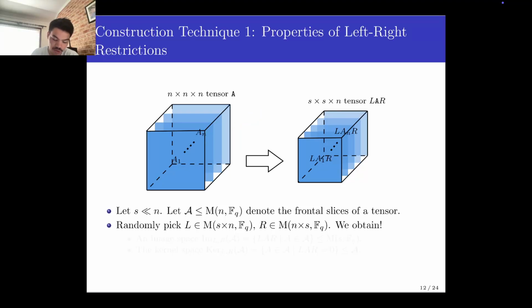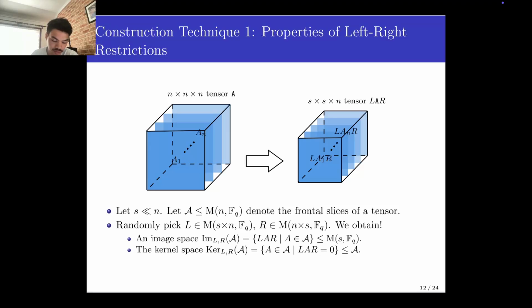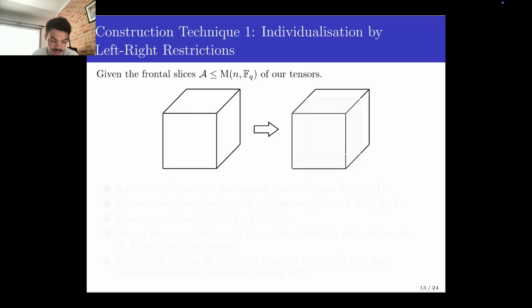And what L and R do is they compress this matrix space to this smaller space. And so we'll get this image space where the space spans these compressed matrices. And in the kernel space, we get essentially the information lost after multiplying left and right matrices. So L and R will send A to 0 in the kernel space.